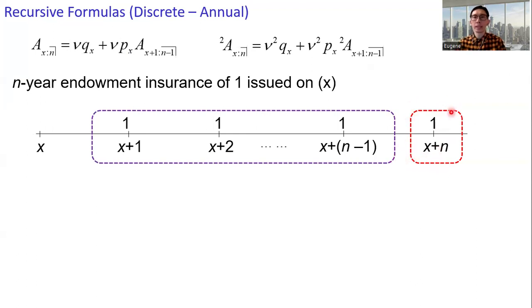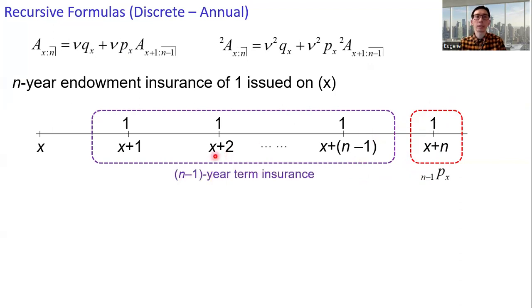For this $1, the n-year period endowment, the probability of getting this $1 at this time point is n-1 p x. As long as the individual survives beyond age x plus n-1, the insurer needs to pay this $1, no matter whether the individual dies or not.